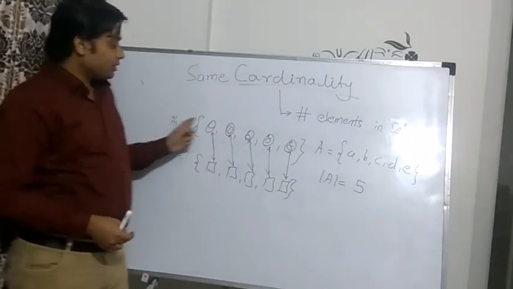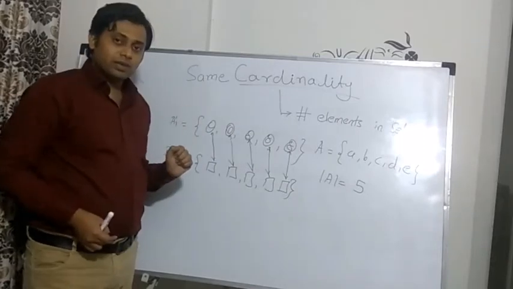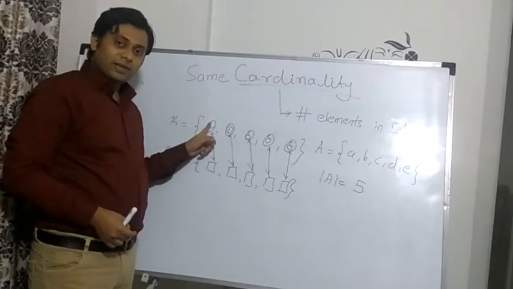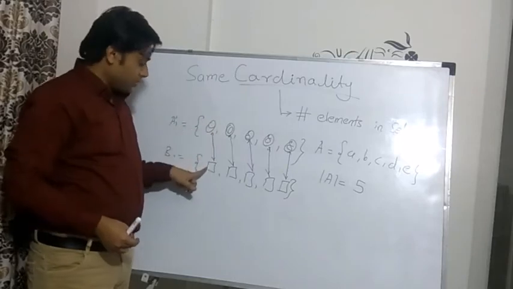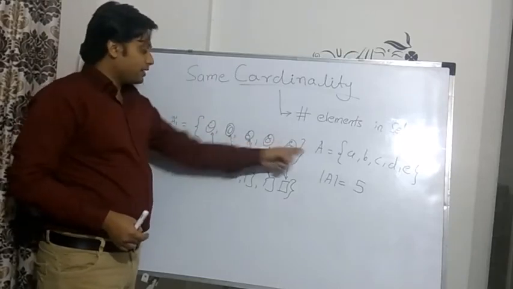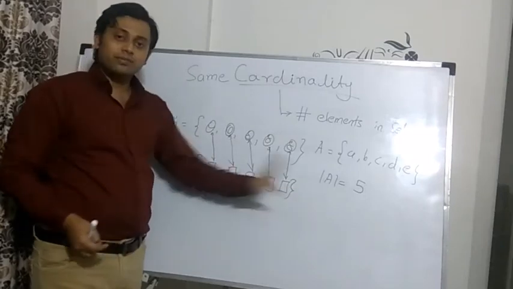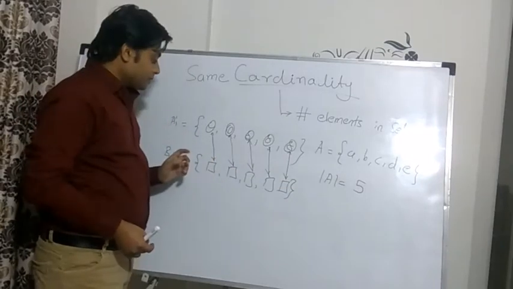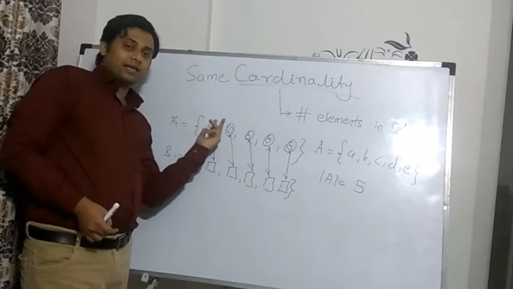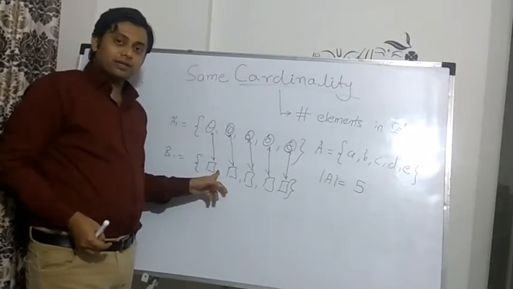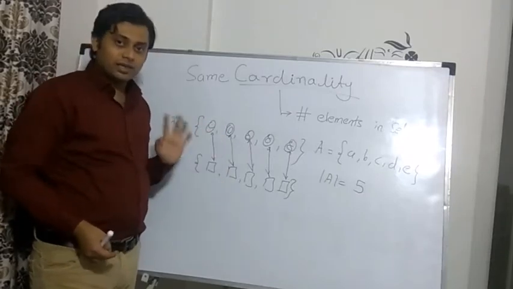So what is the property of this mapping? Every element of A1 has an associated element in B1, so no element in A1 is unmapped. Similarly, no element in B1 is unmapped. And thirdly, no two elements in A1 are mapped to the same element in B1 and vice versa.